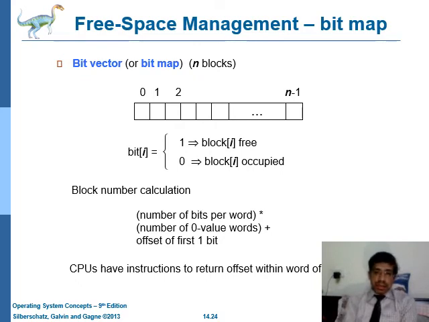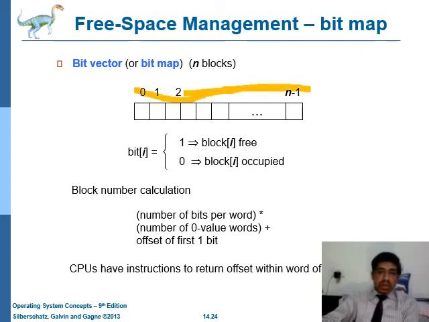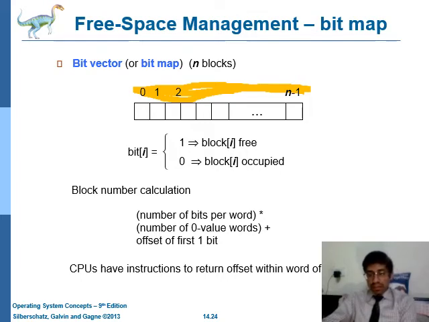Let us see the first method, the bitmap or bit vector method. In this case, for whatever number of blocks you have, you will require that many bits in order to store the status of whether a particular block is available or not. If your disk has 32 blocks, you will require 32 additional bits on your disk that would store the status of availability or occupancy of each of those 32 blocks.